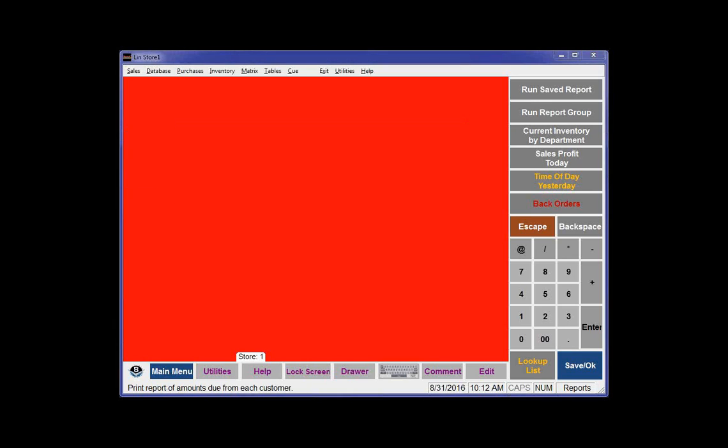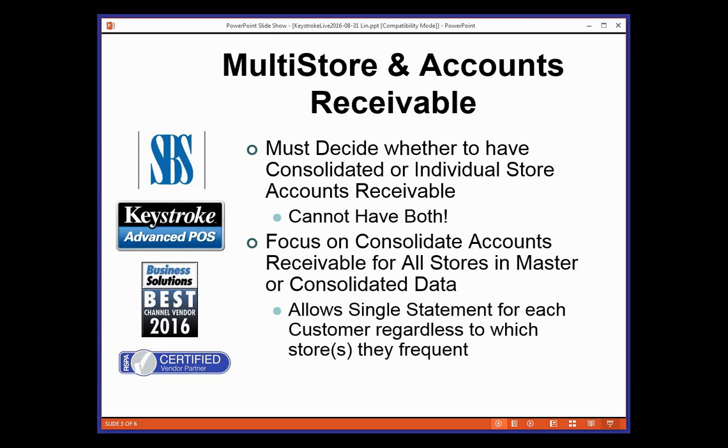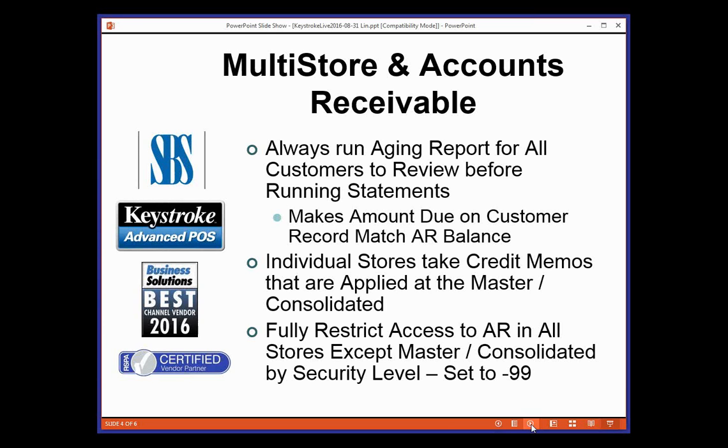So let's review here real quick. We focused on consolidated accounts receivable instead of individual stores. Now, it does allow a single statement. At the individual stores, they just take credit memos.